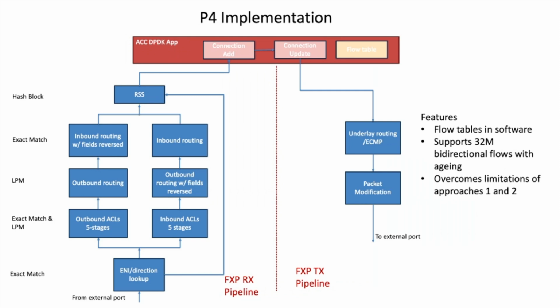And then we have a hash block which does RSS to map it to the appropriate cores in the ARM cores. And that is where we do the connection update, as I mentioned. And then it goes to the TX pipeline on the right, and the packet is modified and forwarded. And just want to mention that the ACC DPT cap, which runs on the ARM cores, also does flow aging and deletes flows from the flow table when it ages out.